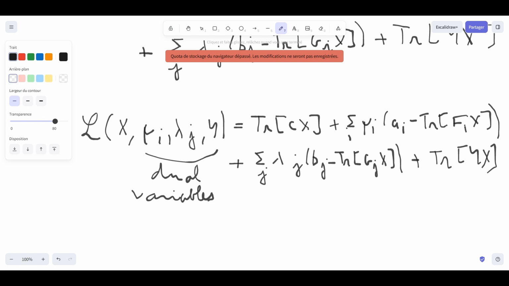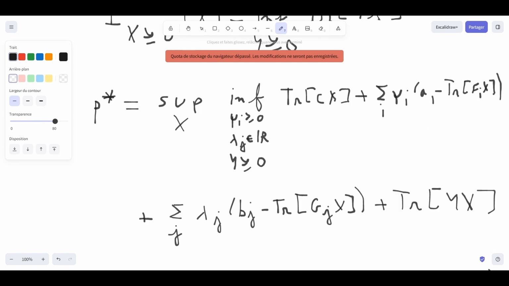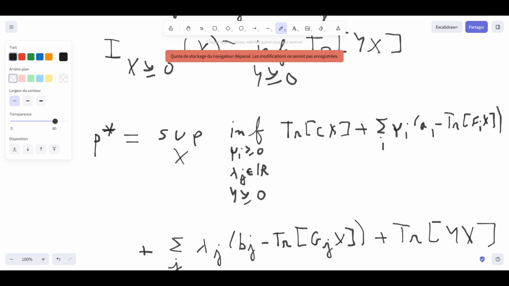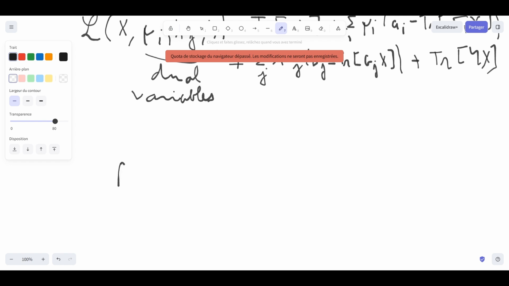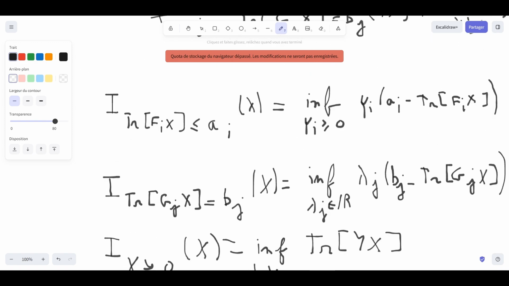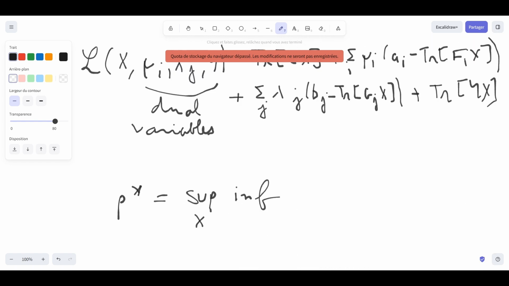So yeah, now to get our upper bound, we can do the min max swap. So we know p star is just sup of x of inf of the Lagrangian. I'm redoing all the steps this way so you can understand it well.